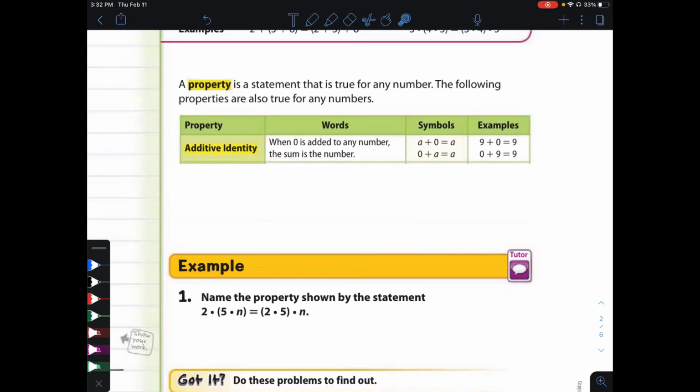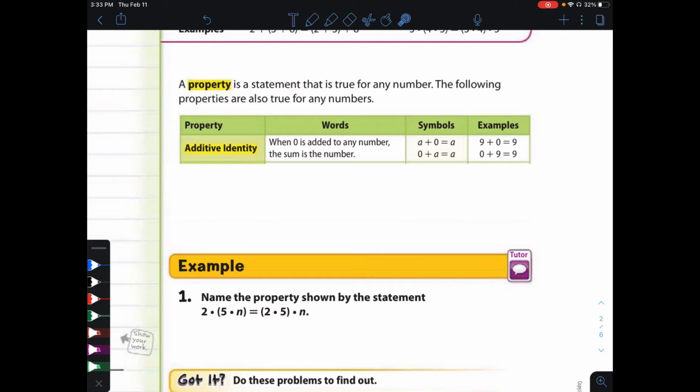In symbols, it means a plus 0 is equal to a, or 0 plus a is equal to a. Again, this follows the commutative property of addition. As an example, 9 plus 0 is 9, 0 plus 9 is 9. It keeps the identity of the number. Okay?